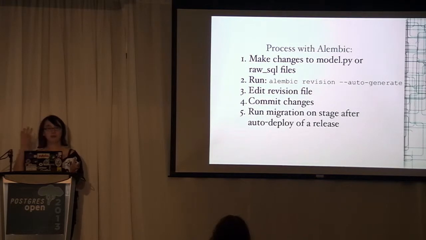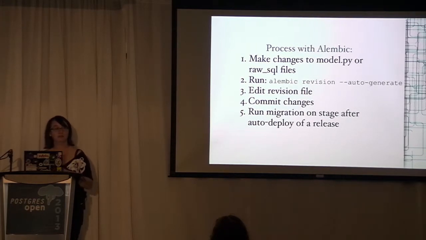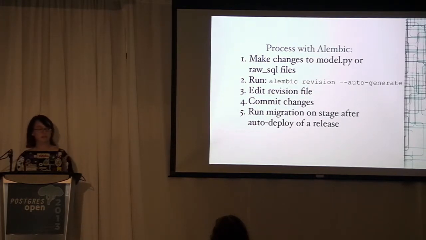And just to put that process with Alembic into words, this is pretty much what I do every time. I have a blog post that I point my developers at when they're figuring this out for the first time, and this is what they do. They make changes to our model.py. Or maybe they edit some raw SQL files. They run Alembic. They edit the output revision file for whatever they need to change.